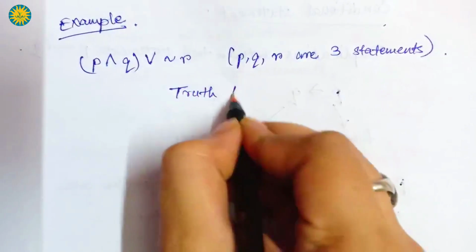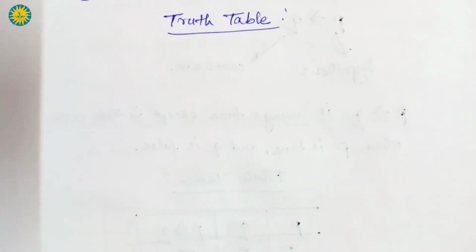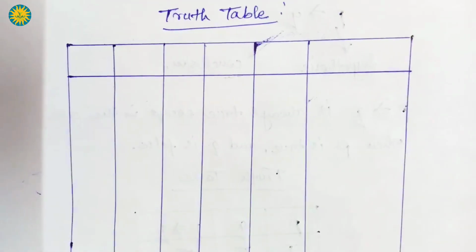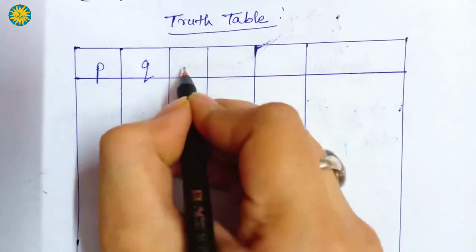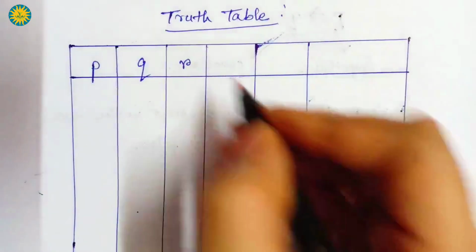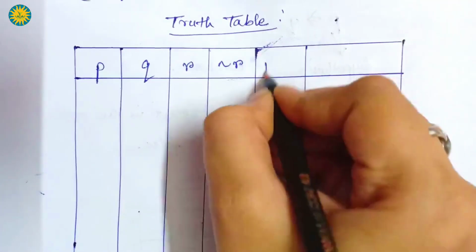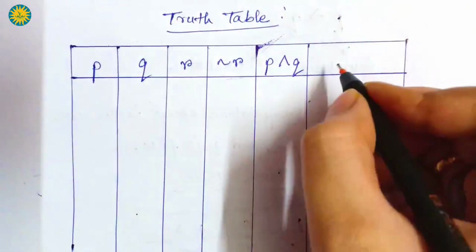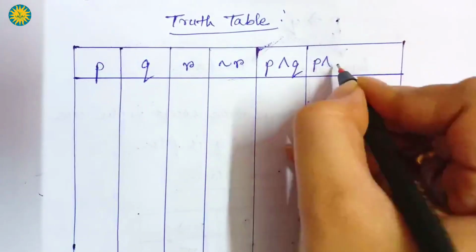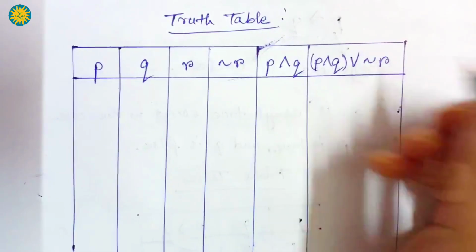So the truth table is as follows. This truth table has 6 columns. The first 3 are reserved for P, Q and R. The fourth one is for not R. Fifth one is for P and Q. And the sixth one is for our given question, which is P and Q or not R.